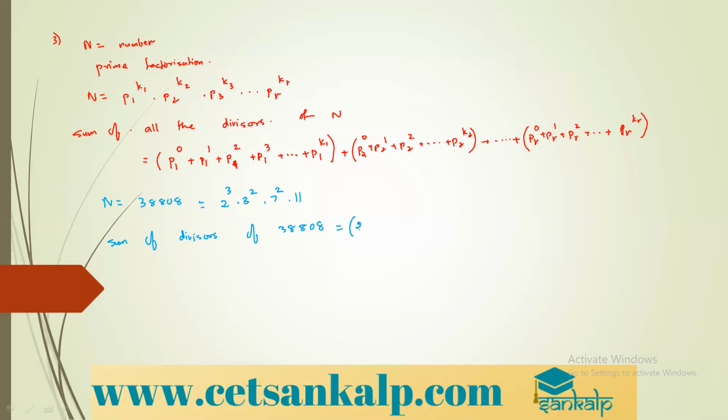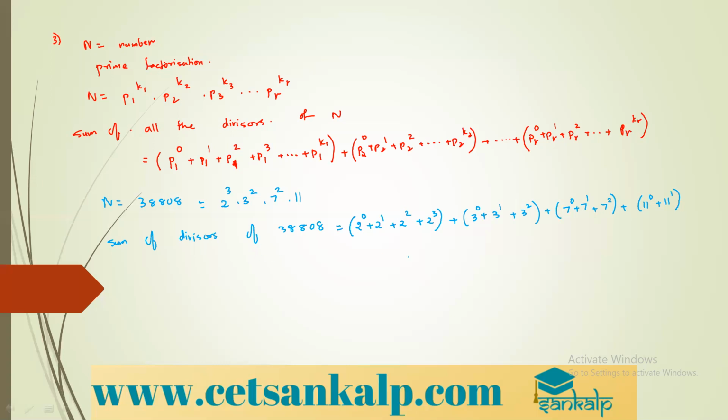First prime number 2: I'll start with 2 power 0, 2 power 1, 2 power 2, 2 power 3. That's it, I'll stop. Then I'll start with prime number 3: 3 power 0, 3 power 1, 3 power 2. I will stop here. Next I will start with 7: 7 power 0, 7 power 1, 7 power 2. I'll stop. Lastly, 11 power 0, 11 power 1. I have to stop here.